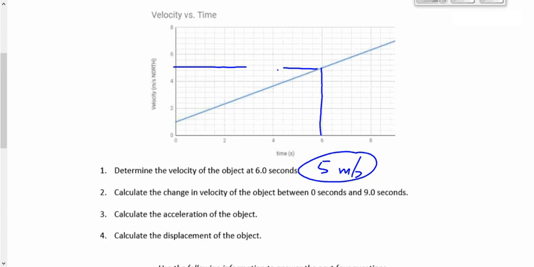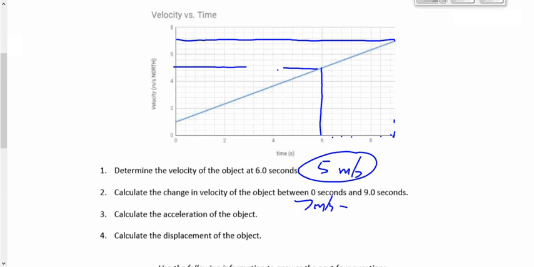Number 2, what's the change in velocity between 0 and 9 seconds? Well, if you want to find a change in velocity, then you better find an initial velocity and a final velocity, and then just subtract the 2. At 9 seconds, right at the very end here, it looks to be 7 meters per second.